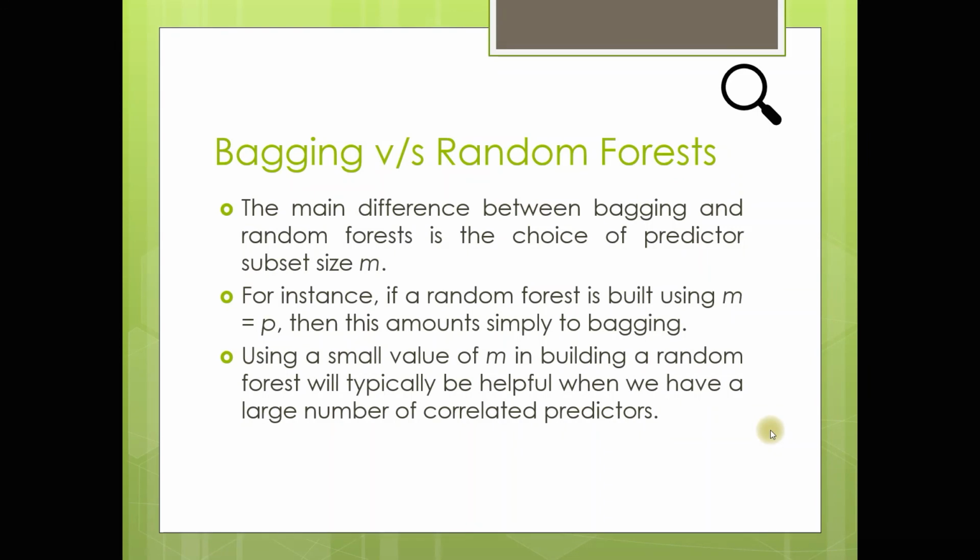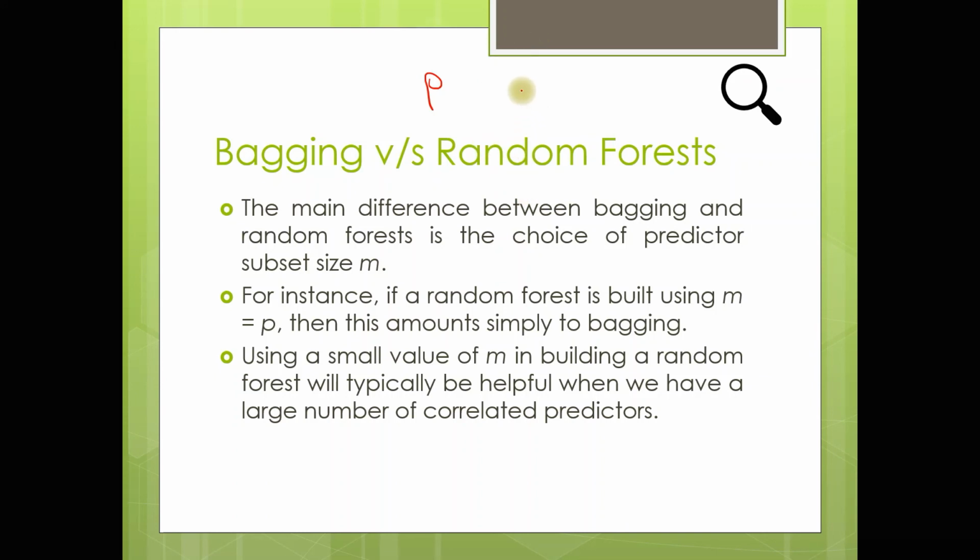Now, again, as I told you, the main difference is in the choice of predictor variables. In bagging, all the P predictor variables are considered, which gives you the same split most of the time, especially if you have a strong predictor variable.